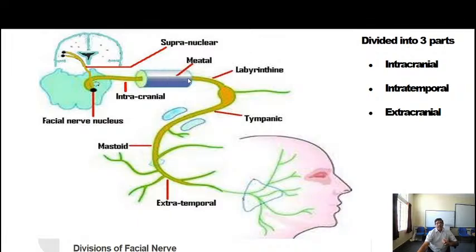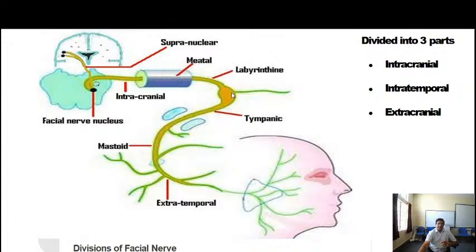It has a labyrinthine component, then a tympanic component. After the labyrinthine component there is a small swelling, which is the geniculate ganglion, and from there you get a nerve which is the greater superficial petrosal nerve.